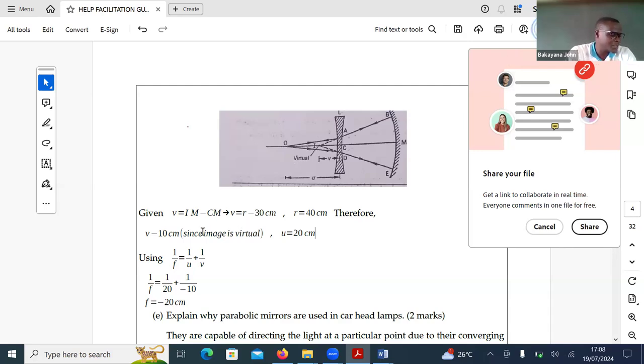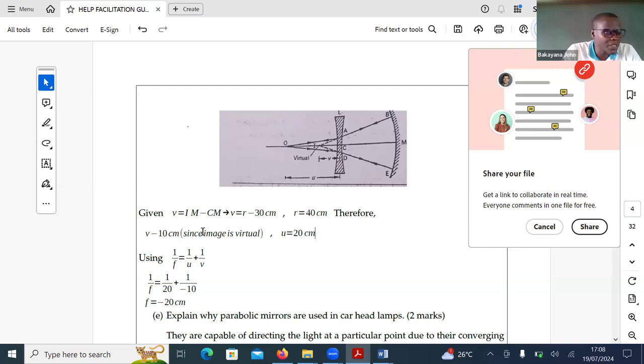A point object is placed 20 centimeters in front of a diverging lens, and on the other side of the lens is a concave mirror, coaxial or on the same axis with it, and of focal length 20 centimeters.